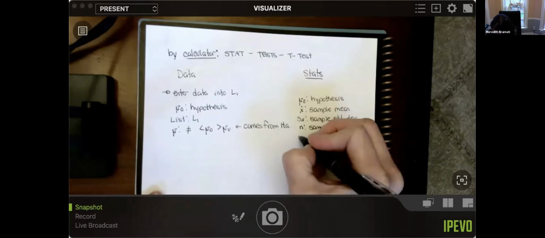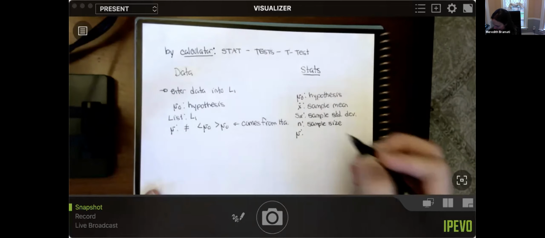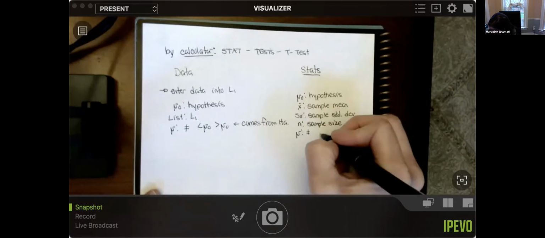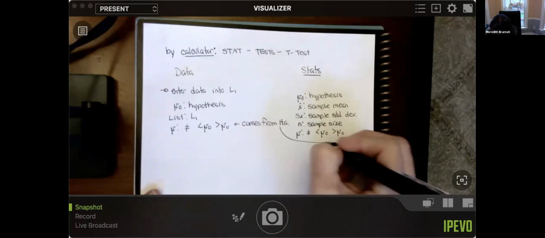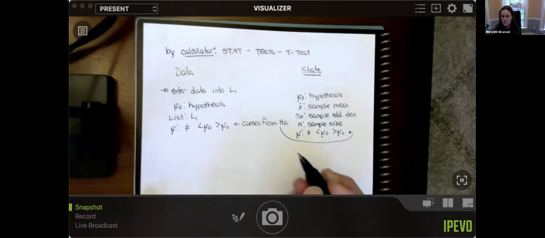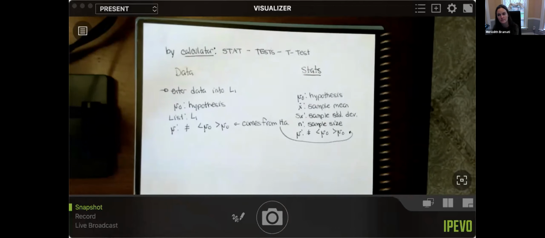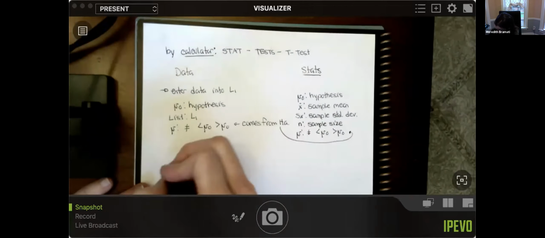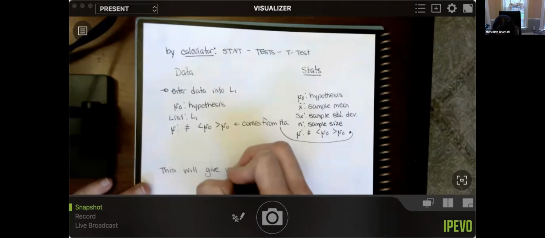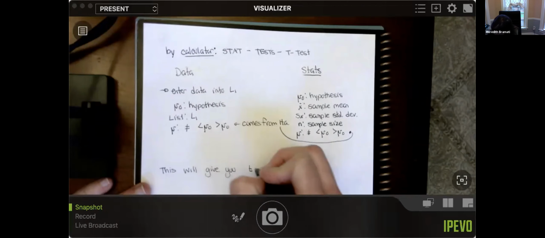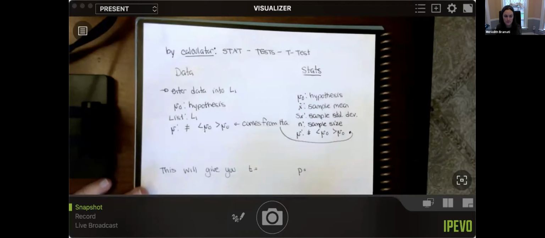And again, you have your different options for mu, not equal to, less than, or greater than. And again, that comes from HA. So it's the same process. This will give you T and P.